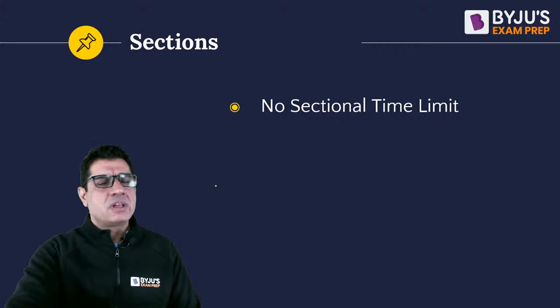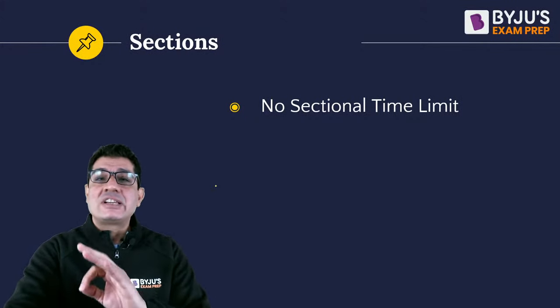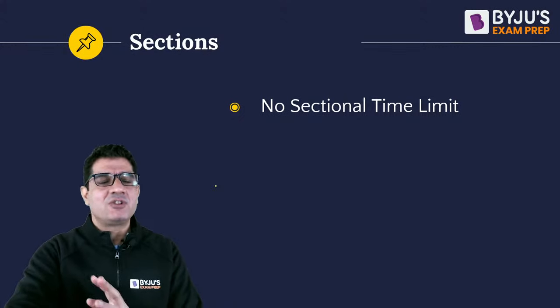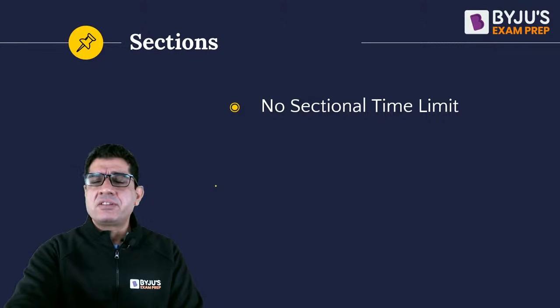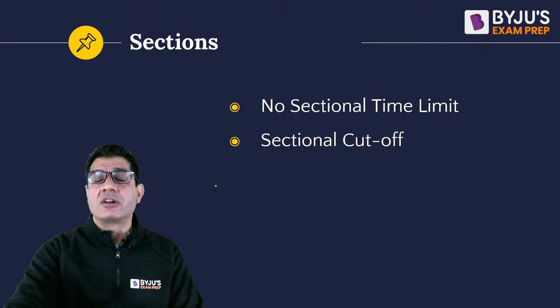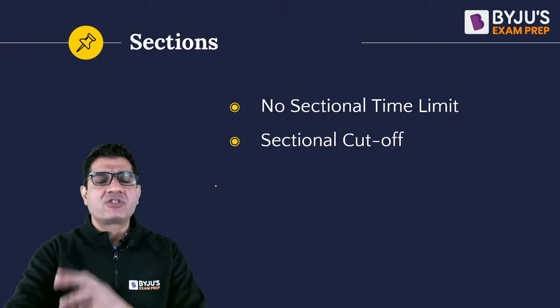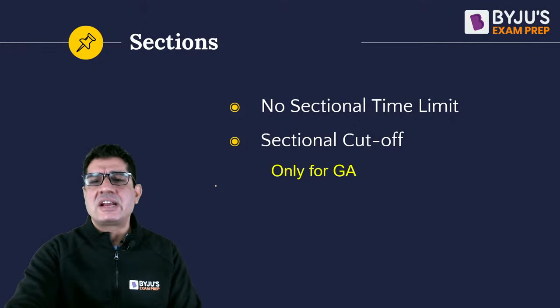See, there is no sectional time limit. You are free to spend your time on whichever section you want. You can attempt them in whichever order you want. And there is no sectional cutoff either. But that said, there is one section where we do have a sectional cutoff, and that is general awareness or GK.